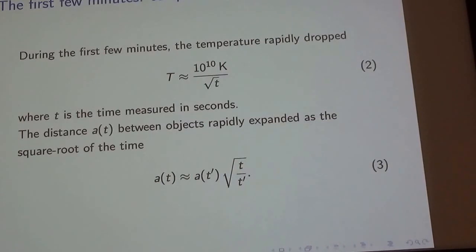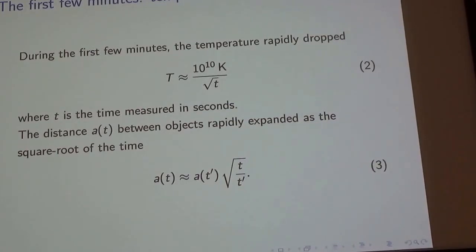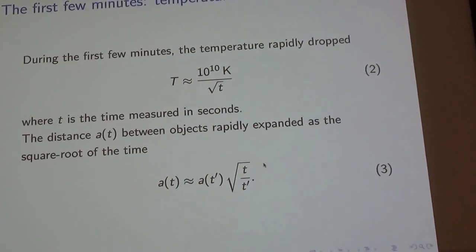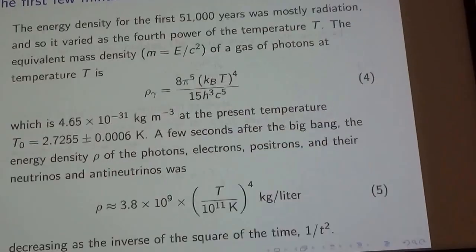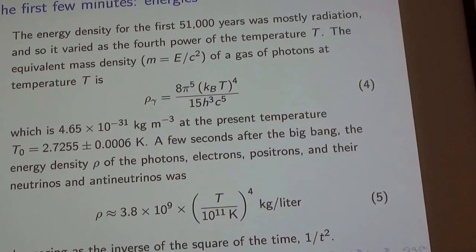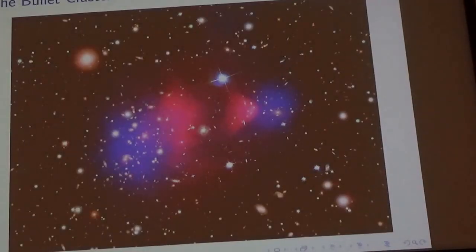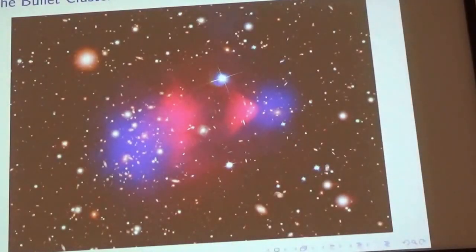Of course, when I say 1,000, you people are not going to trust me. But it falls off as the square root of time. And the scale factor, that's called A, increases like that. That's the expansion of the universe. Okay, all right, let me skip some of these formulas here because that's one of the things I wanted to get to.